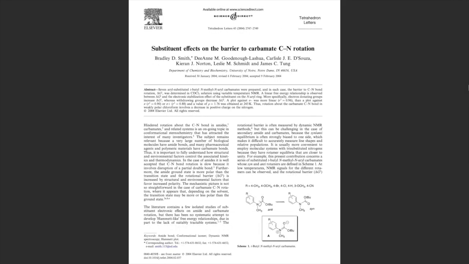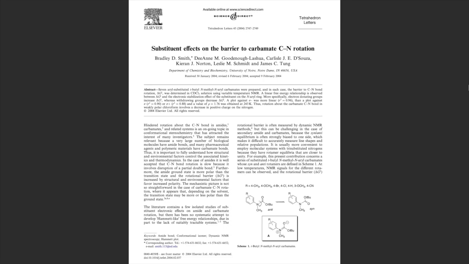Substituent effects on the barrier to carbamate carbon-nitrogen rotation. A paper by Bradley Smith, Deanne Goodenough-Lashaw, Carlisle D'Souza, Kieran Norton, Leslie Schmidt, and James Tung. Abstract. 7 aryl-substituted t-butyl N-methyl N-aryl carbamates were prepared, and in each case, the barrier to carbon-nitrogen bond rotation, delta G double dagger, was determined in deuterated chloroform solution using variable temperature NMR.